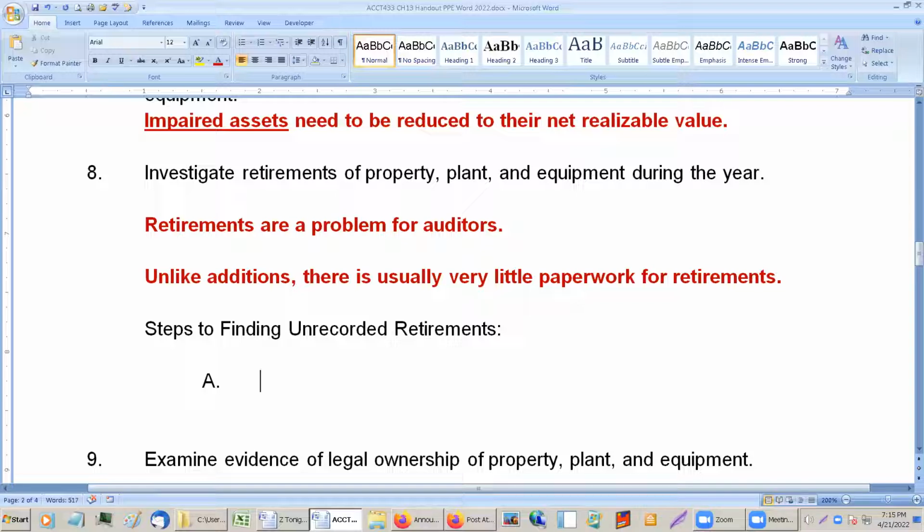When a new item is purchased, a lot of times an old item will be retired.